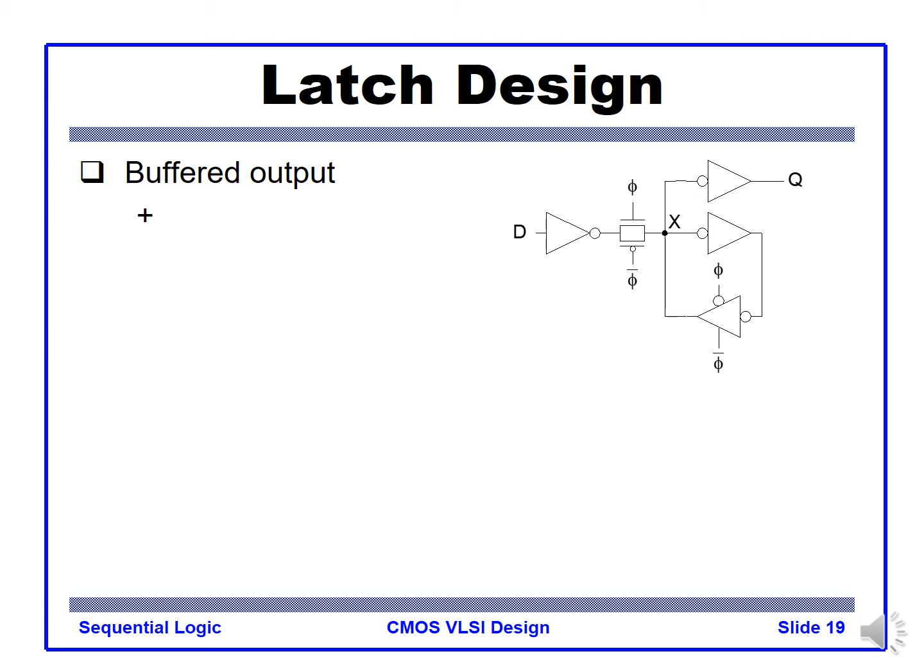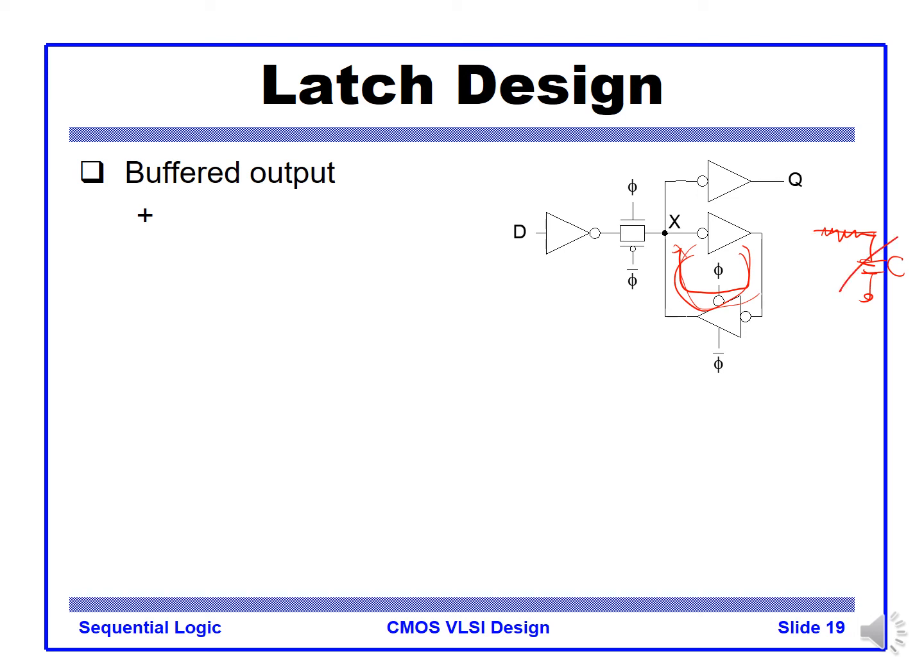Another thing is to buffer the output. If you use this latch and drive a long line, the timing of this latching core might be affected by the loading capacitance. If you have a large capacitance, the latching timing will be slow. So the latching core is sensitive to the loading.